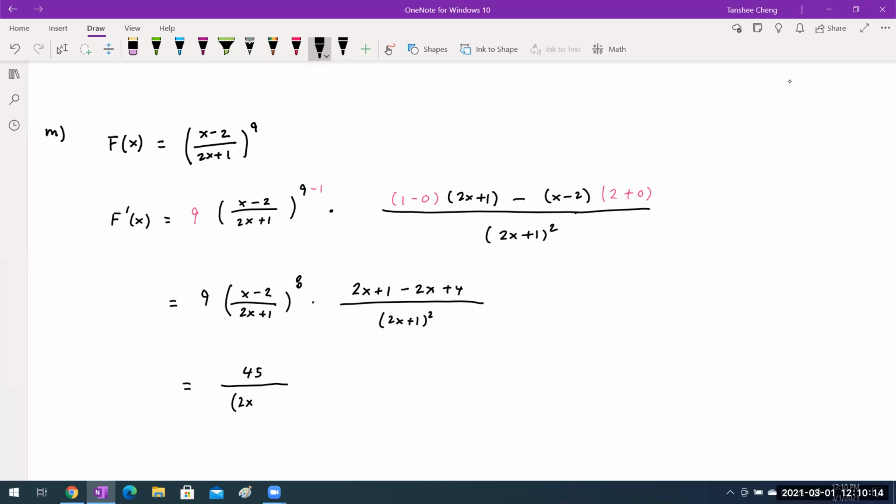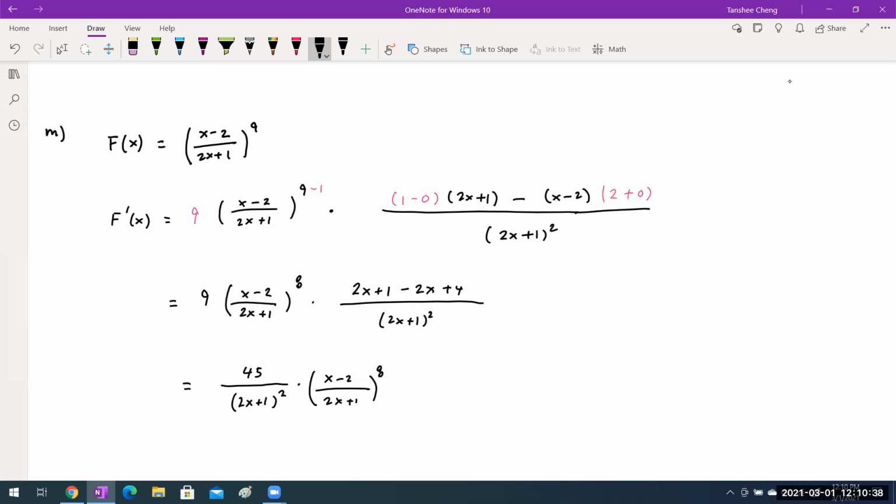2x plus 1 quantity squared times the next fraction, which is x minus 2 over 2x plus 1 to the 8th power. And you can simplify further by breaking down this rational into x minus 2 to the 8th power and 2x plus 1 to the 8th power, so that in the denominator you can combine the exponents together.